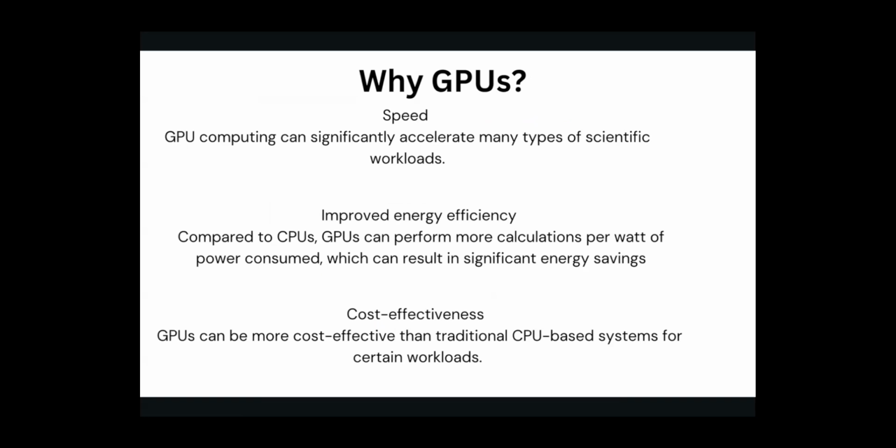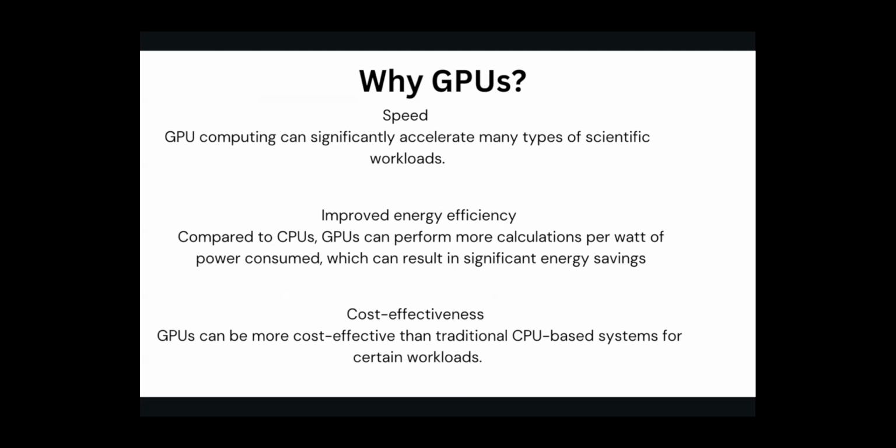So with this background information, now we are curious: why do we need GPU? As we already discussed, we want to do our tasks faster. So speed is one of the main reasons why we want to use GPU. GPU computing can significantly accelerate many types of scientific workloads.